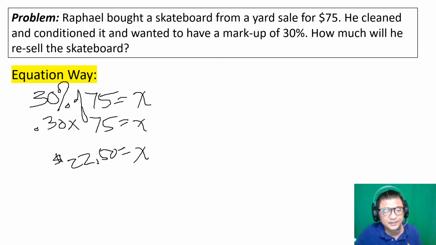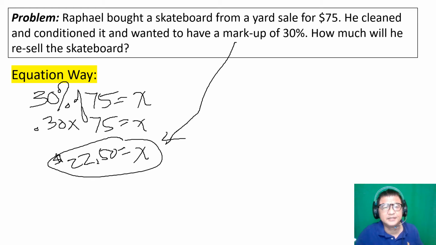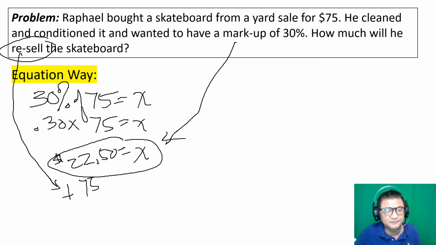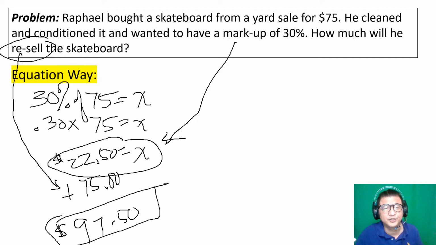All right. So X represents the what? The markup. And now if you want to resell, the final amount, again, add your 75. That's going to be 97.50.